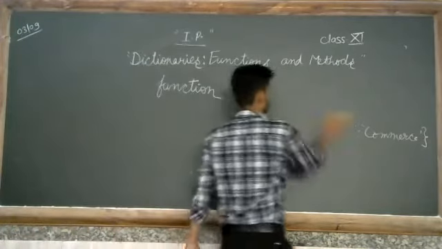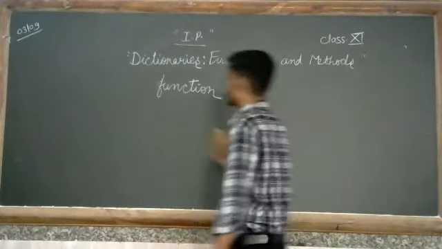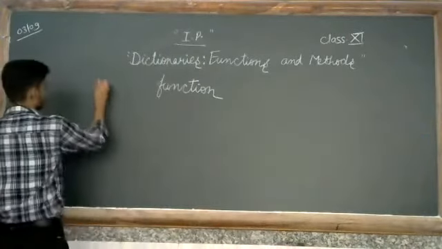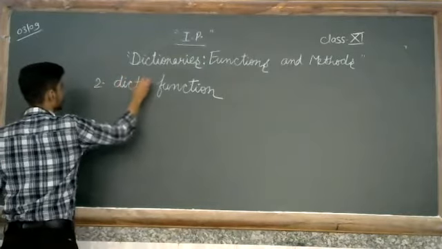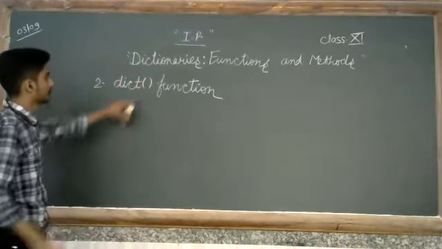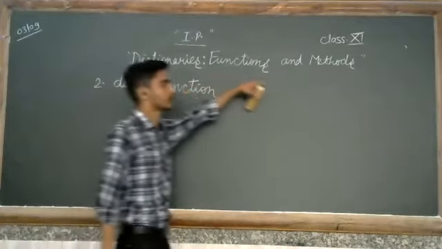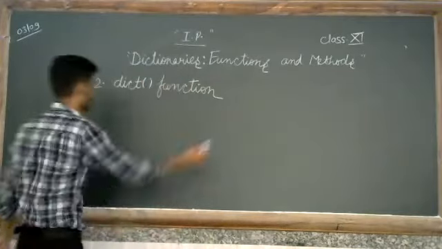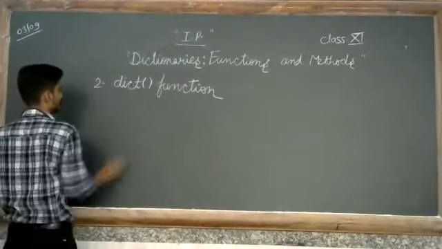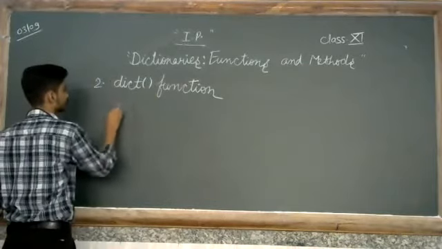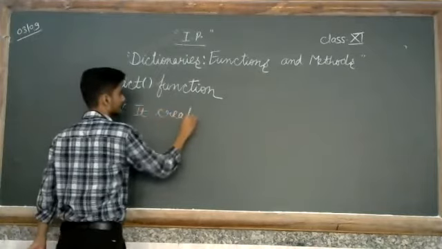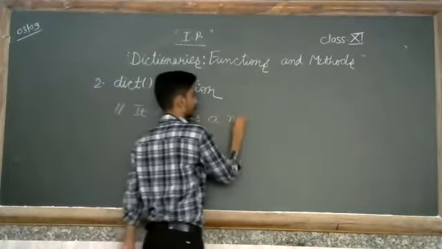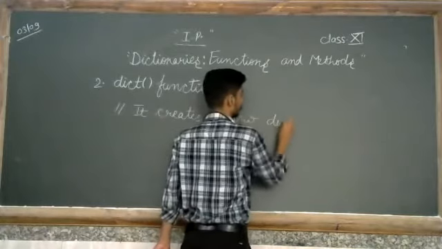Now the next function is the dict function. D-I-C-T, dict, and then parenthesis. Parenthesis define that it is a function or a method. So we already know what this dict function does.